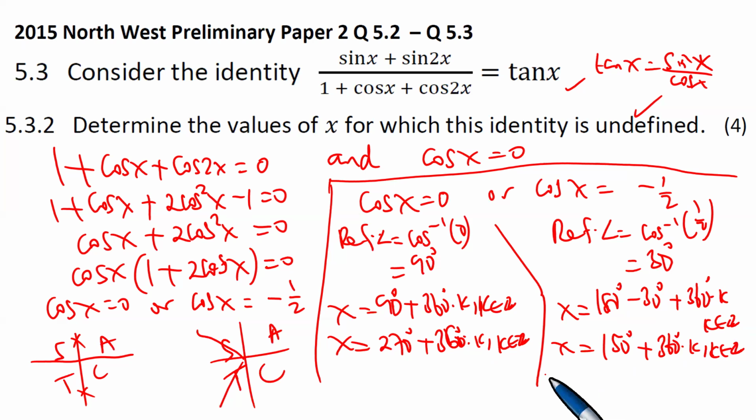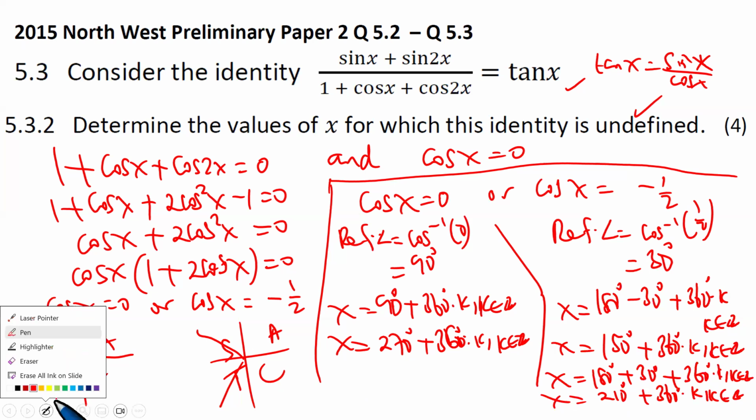We're going to have another solution, which is 180 degrees plus 30 plus 360 degrees times k, k in Z. This tells us that x is also 210 degrees plus 360 degrees times k, k in Z. So we've got two solutions on this part.